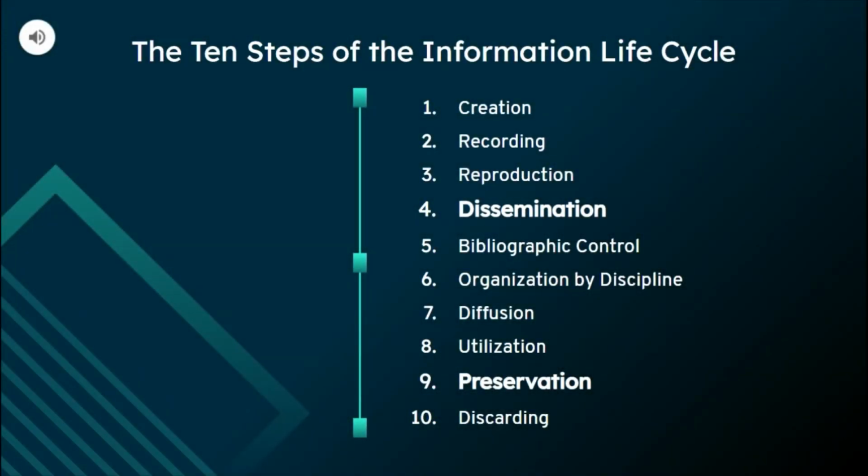An information professional's job concerns all 10 steps of the information life cycle. However, when we are specifically discussing the preservation of physical and digital materials, there are a couple stages of this cycle that are critical. The first is dissemination, or the distribution of information.